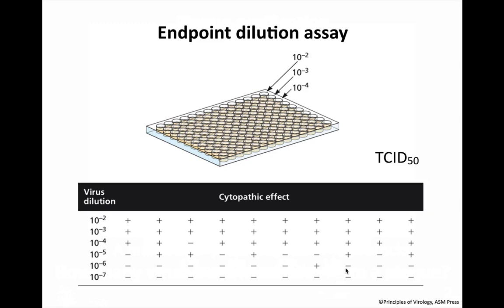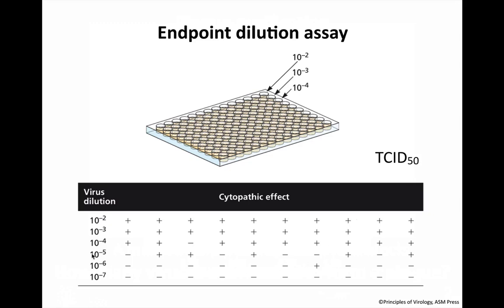In this assay we'd like to find the dilution at which 50% of the wells are infected, as evidenced by the production of cytopathic effect. And that number will be our way of quantifying the amount of virus. We call that the TCID50, tissue culture infectious dose 50%, how much virus you need to infect 50% of the wells.